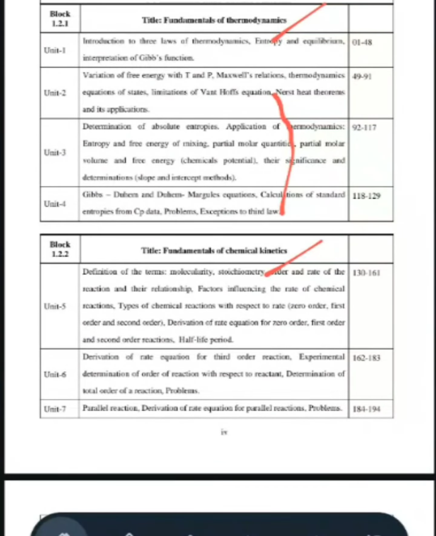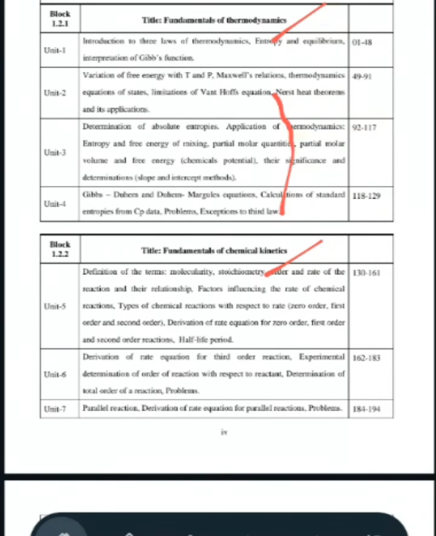So basically, we should know what thermodynamics is. It is the branch of science which deals with energy in a system. Whatever reaction is taking place inside the system, a system is nothing but a closed system, or it may be an open system which is not having direct contact with the external surroundings.